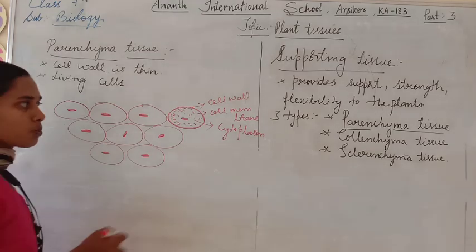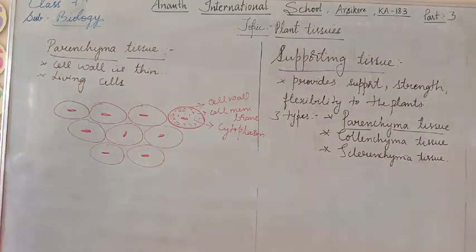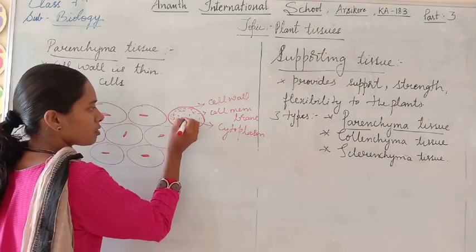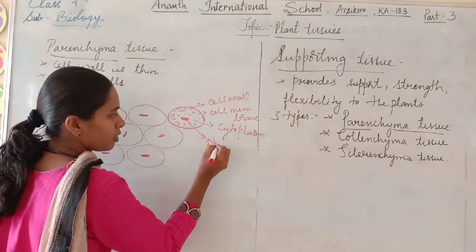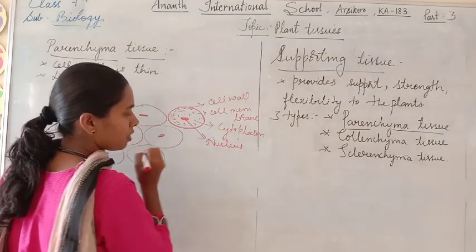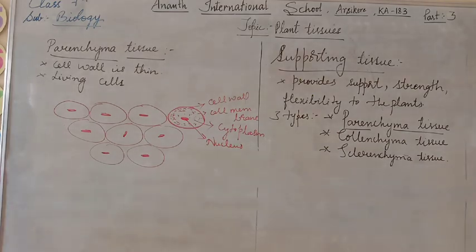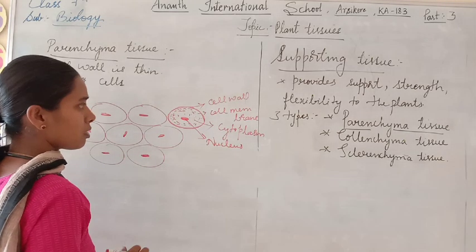These are all the cell organelles present in the cytoplasm. And at the center you can see the nucleus, which takes place in the division of cells. All these things will be present in the cells.